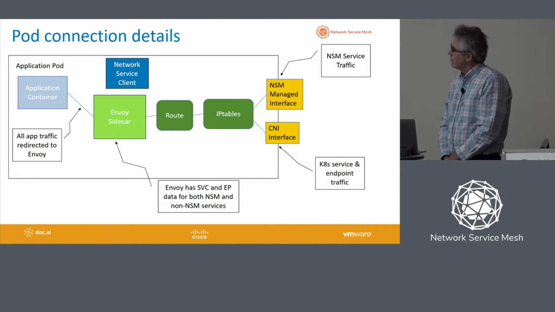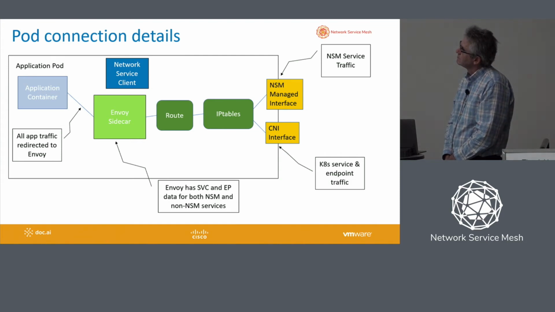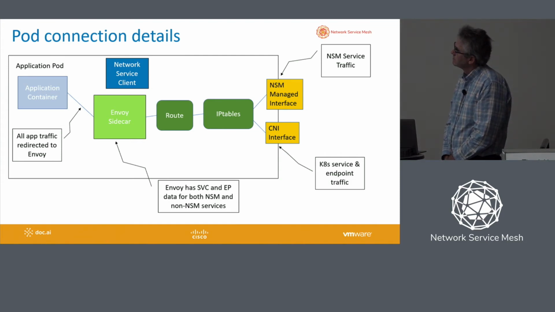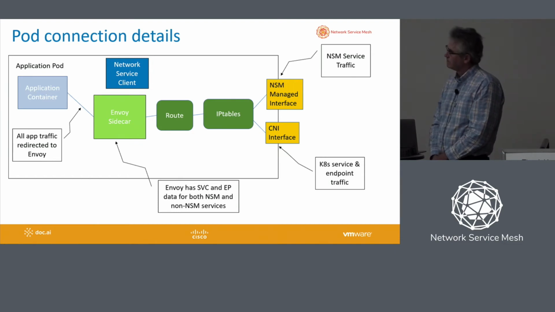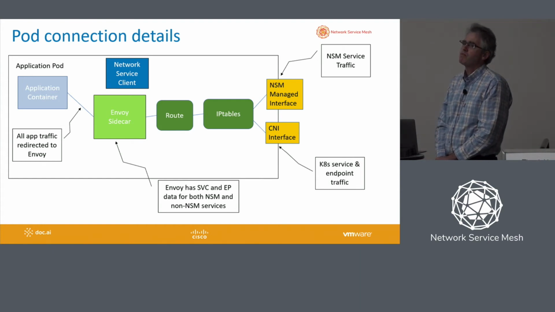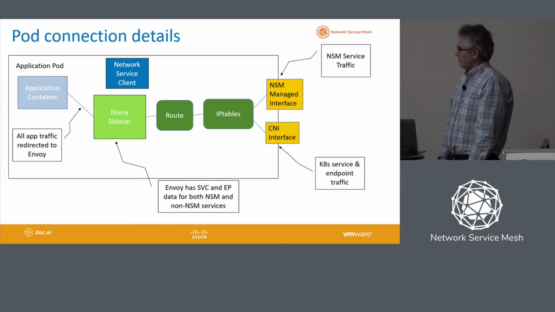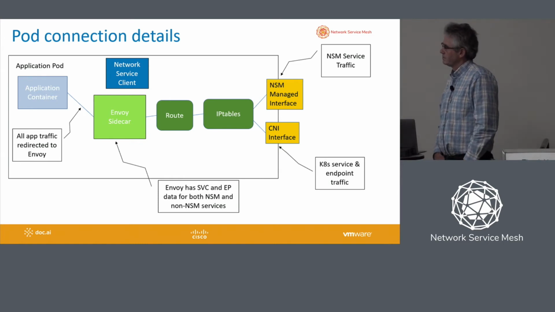You could think of all of these little lines in this picture as implemented by IP tables. The connectivity between the application container and the Envoy sidecar exists because IP tables is manipulating where the traffic goes. And similarly on the inbound, the Envoy is in between the application pod container because of the manipulation as well.